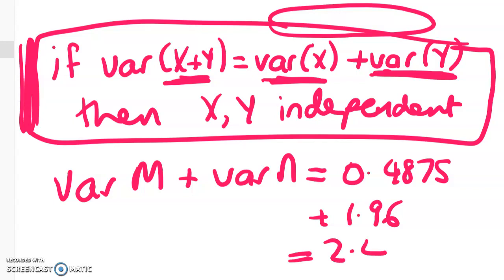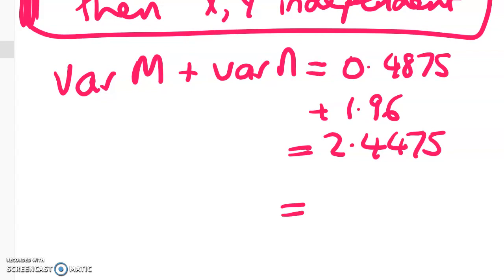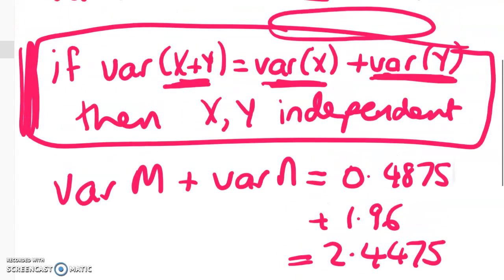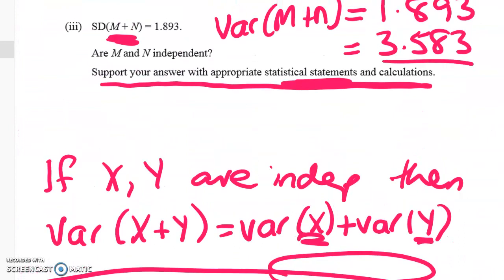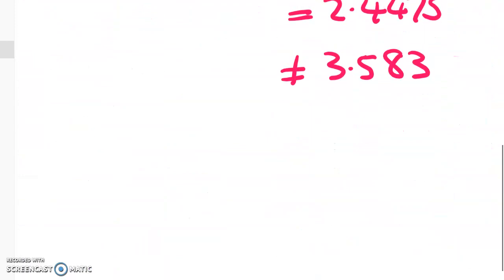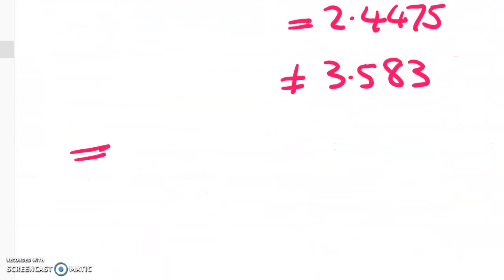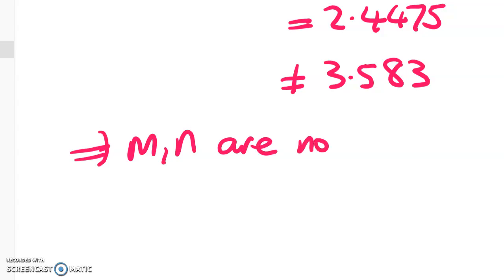That gives me 2.4475. And that's not the same as 3.583, right, which is this number up here. Therefore, m and n are not independent.